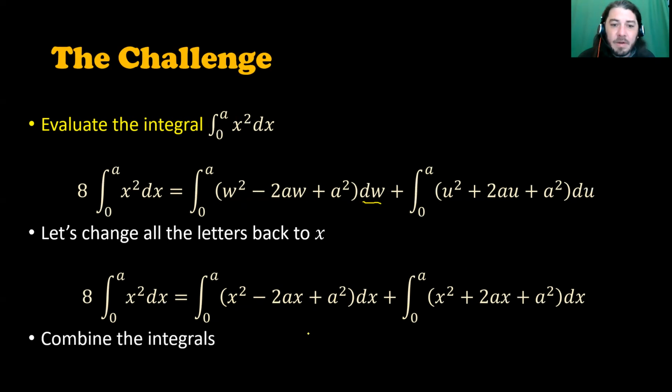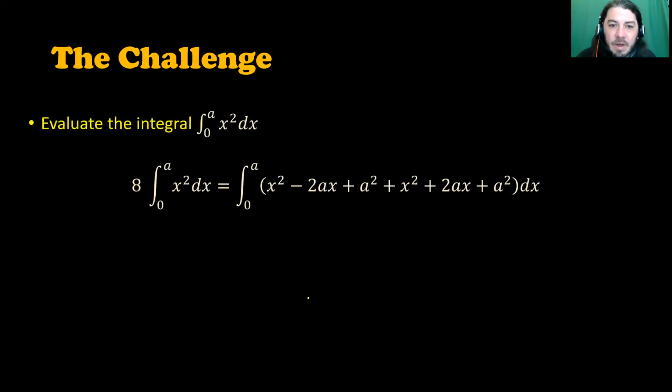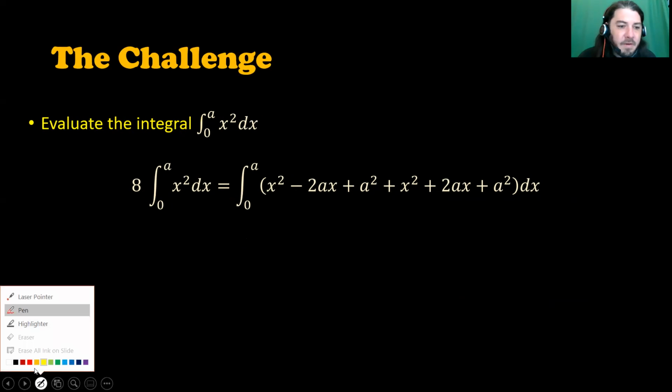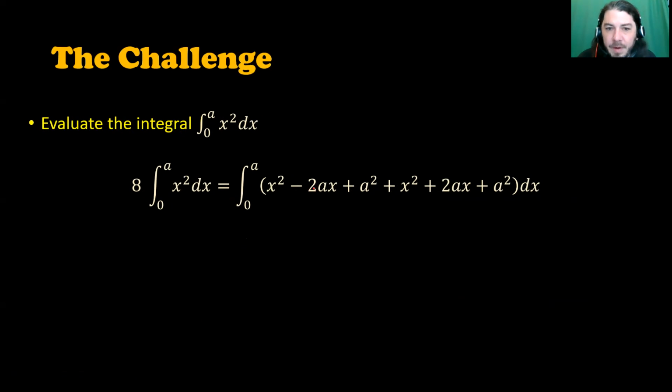So if we combine them into a single integral, oh gosh, there are so many things that simplify here, right? For one thing, this minus 2ax cancels with this plus 2ax here. This x squared adds to this x squared, and this a squared adds to this a squared right here.